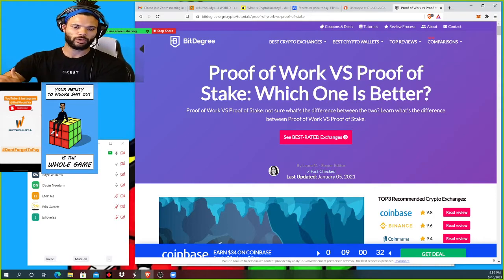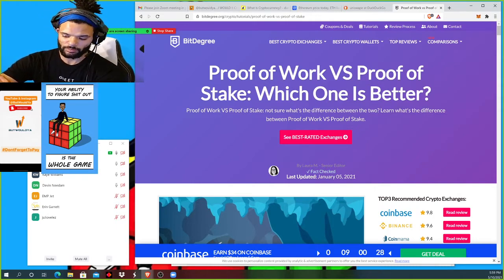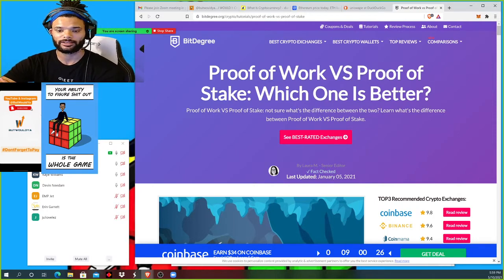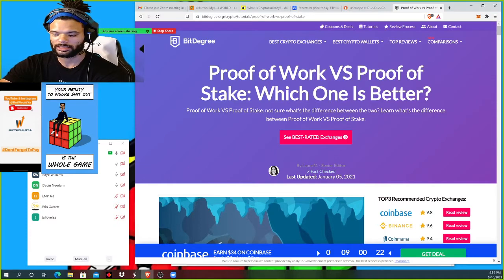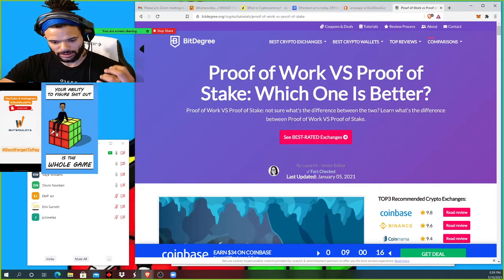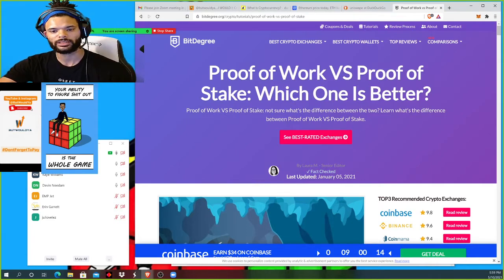So with the proof of work blockchain, there can be a 51% attack. They can get 51% of the node validators to take over the network, and that would cause decentralization to fail because that would give access to a centralized unit of people dictating what's going to happen inside the blockchain.